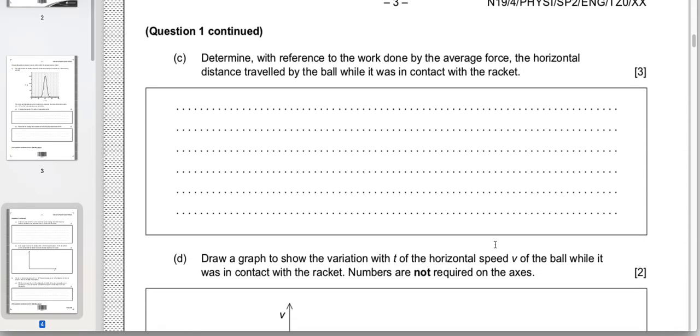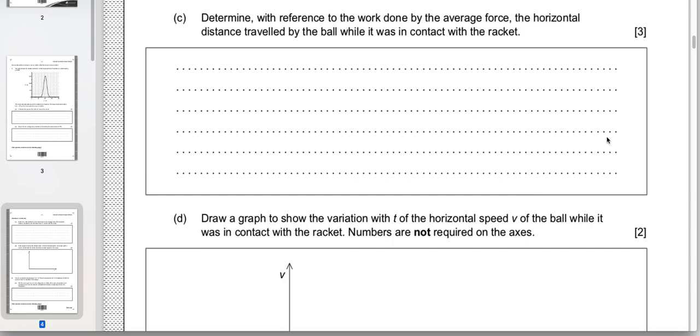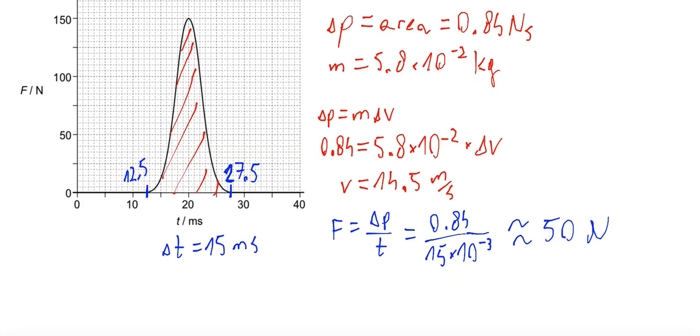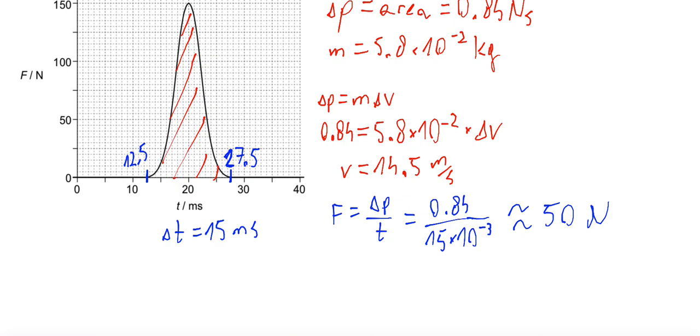Okay, C. Determine, with reference to the work done by the average force, the horizontal distance traveled by the ball while it was in contact with the racket. So by work. What is work? Work is force times displacement. Force is given, displacement is unknown. Work done by a force changes the speed of the object, so it changes the kinetic energy of the ball.